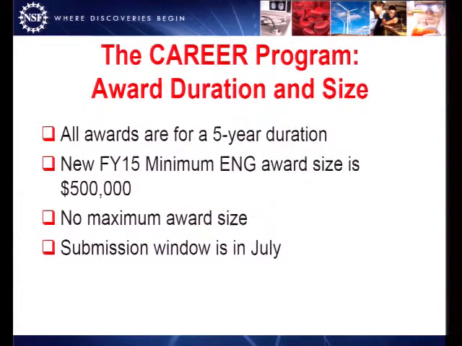The minimum engineering award size is $500,000. Unfortunately, this is also the maximum, pretty much. That's important because it levels the playing field. If someone comes up with a CAREER award, although legally they can do that, at least for the time being, which way exceeds $500,000, then the scope of this award clearly is going to be different than the scope of a $500,000 proposal.